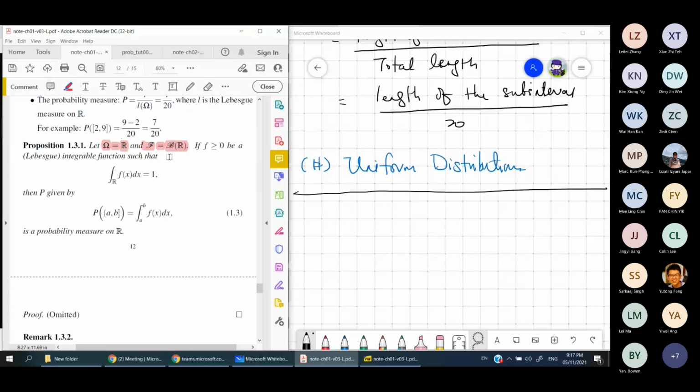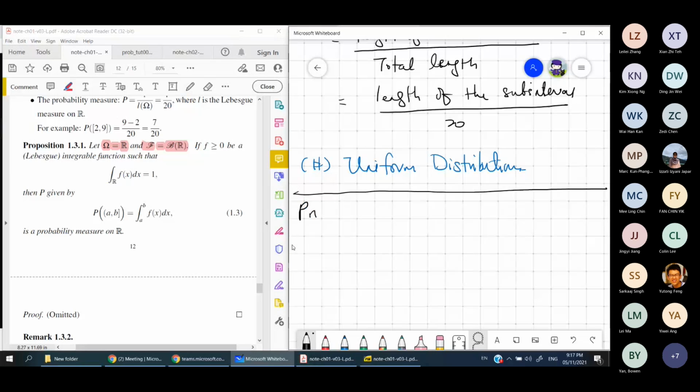And first of all, if we have a function f greater than 0 and satisfying this, then this P must be a probability measure. So this gives us a criterion to check whether a P on R is a probability measure or not. This is a very important one.